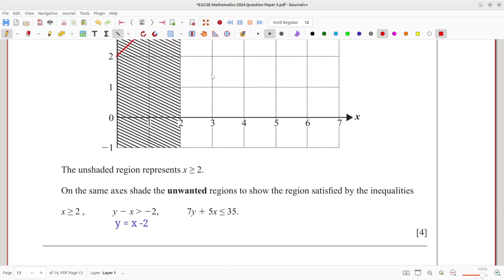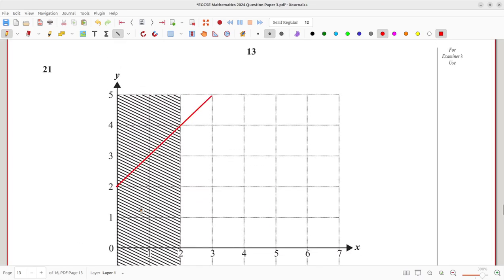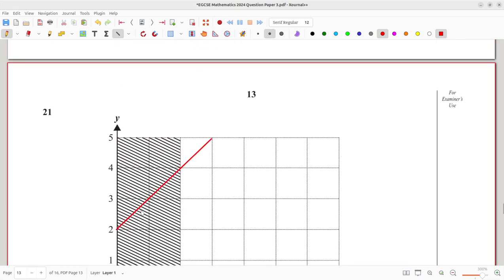And then you are required to shade above that line, but unwanted it's below. So shading below that, you are supposed to be shading this side. That's taking too much of my time.